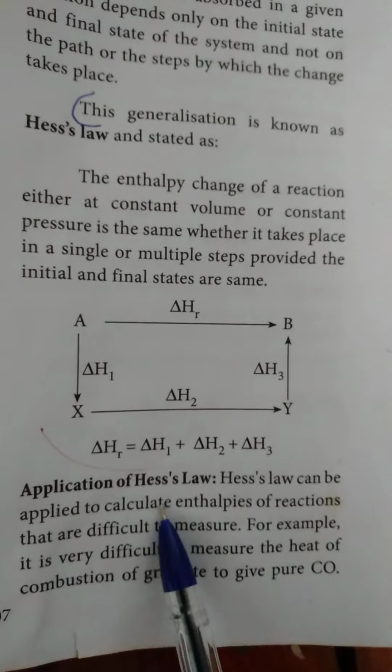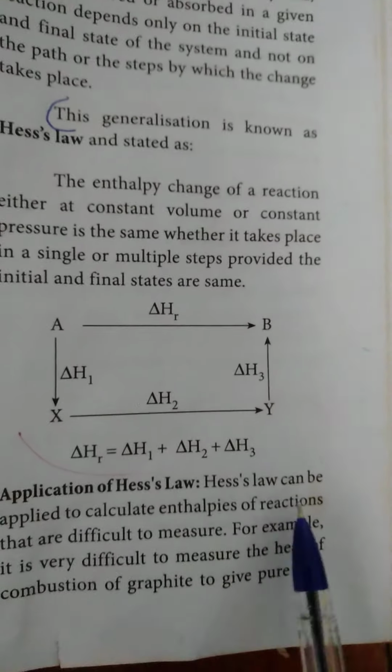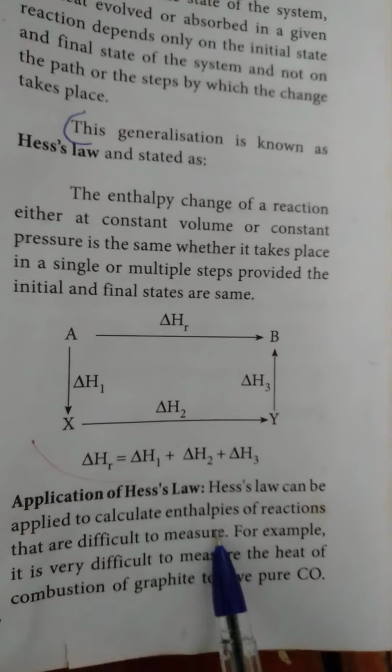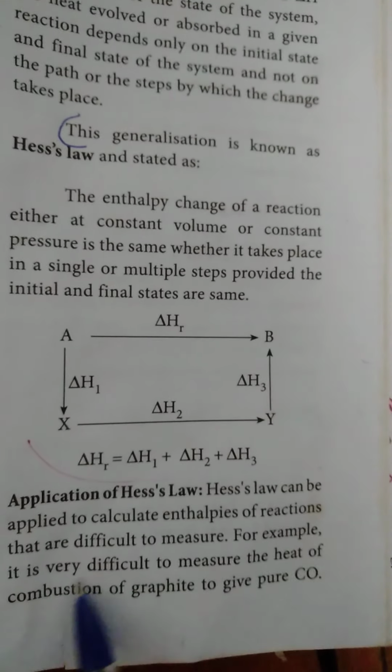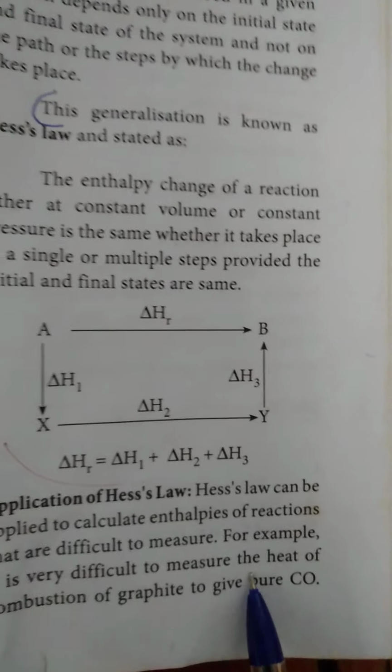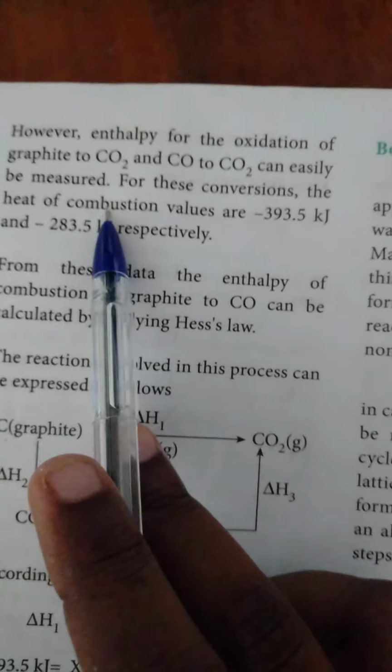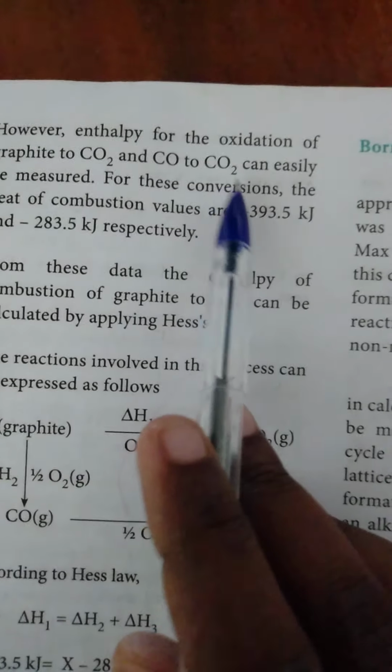Then also write the applications. This law can be applied to calculate the enthalpies of reactions that are difficult to measure. One example they gave is the combustion of graphite to carbon monoxide. That is difficult to measure directly, so we use the enthalpy of oxidation of graphite to carbon dioxide and of carbon monoxide to carbon dioxide.